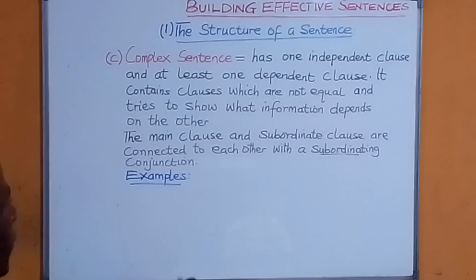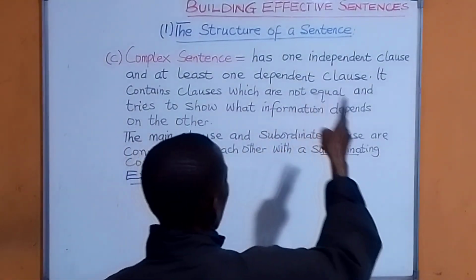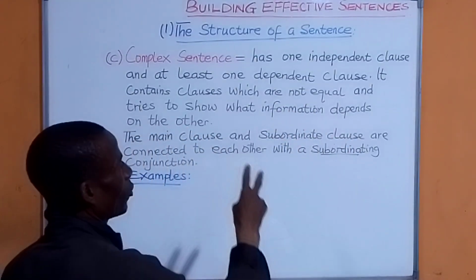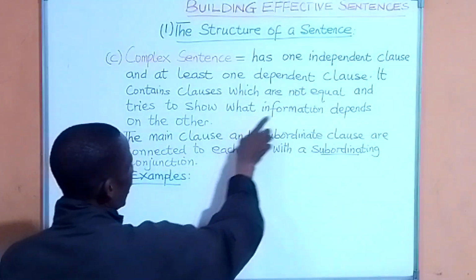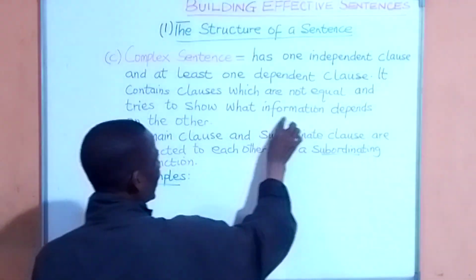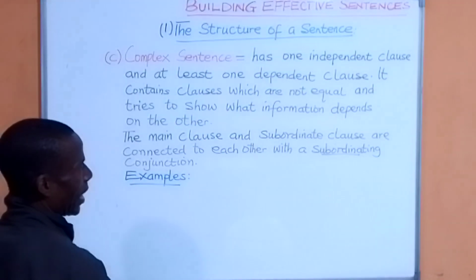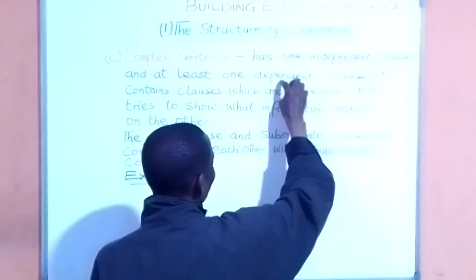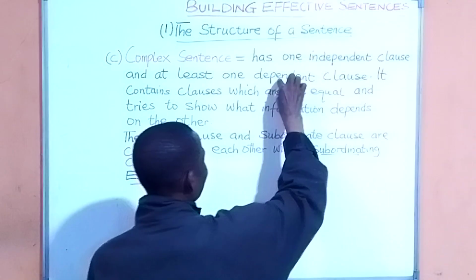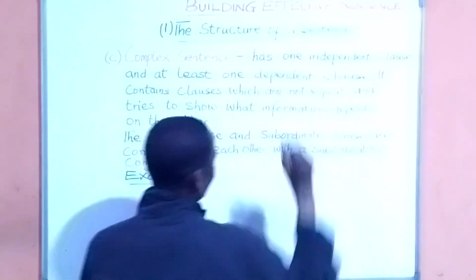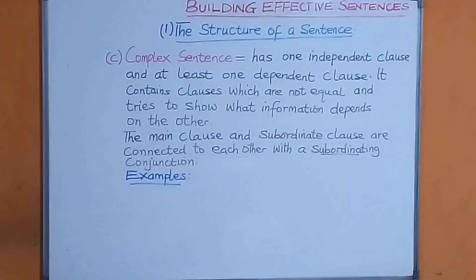But in this case, you have two clauses that are not equal, and it shows what information depends on the other. And I told you the dependent one is more important than the independent one, although the dependent one comes as a result of the independent one.